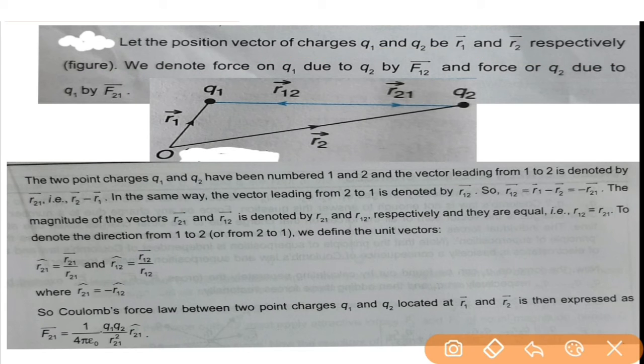So the position vectors of q1 and q2 are r1 and r2 vector, okay.